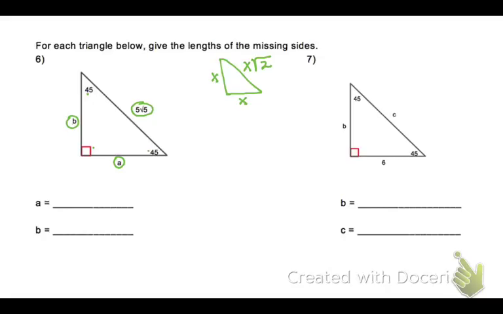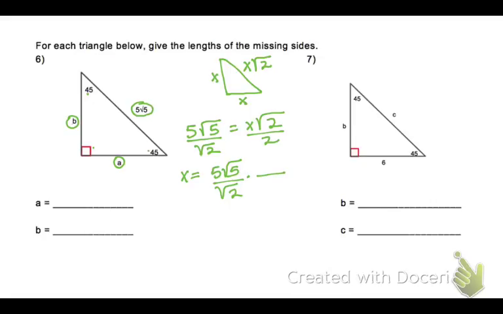So all we have to do is set 5 times the square root of 5 equal to x times the square root of 2, because that's our formula. Then we divide both sides by the square root of 2, and we have x equal to 5 times the square root of 5 over the square root of 2.